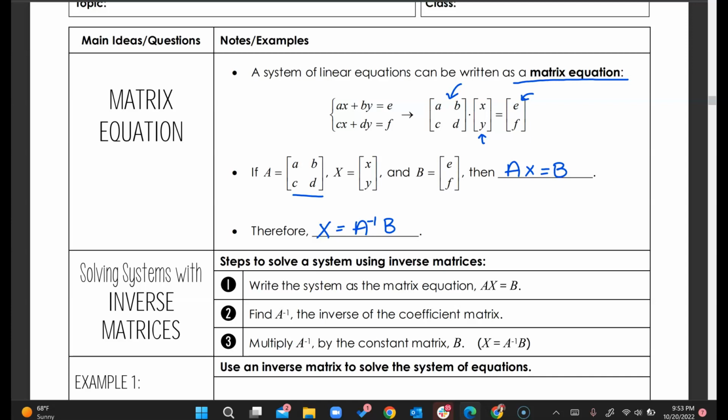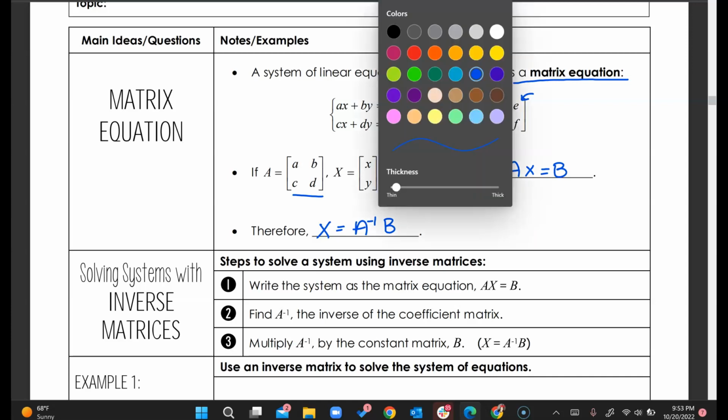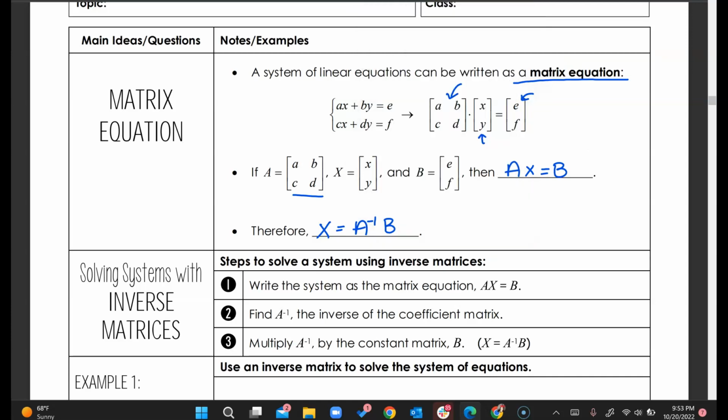And one way we can see this is, let's take a side note here and see why this is true. If I take AX equals B and I multiply this side by A inverse, whatever I do to one side of the equation, I have to do to the other side. But matrix multiplication is not commutative, so I'm going to be multiplying on the left-hand side by A inverse.